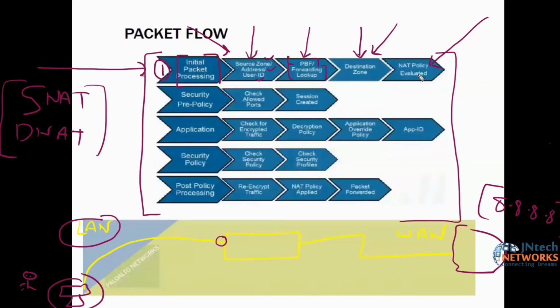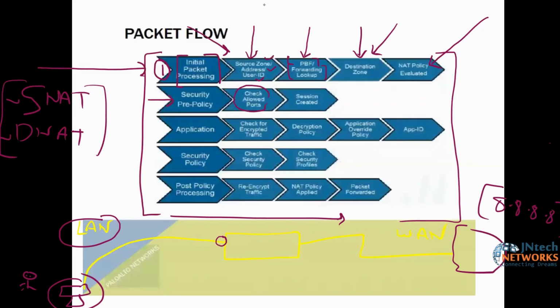It will verify whether there is any source NAT or destination NAT configured for this traffic flow. After that, it will check the security pre-policy. In the security pre-policy, the Palo Alto firewall box will check allowed ports. So which port is allowed?